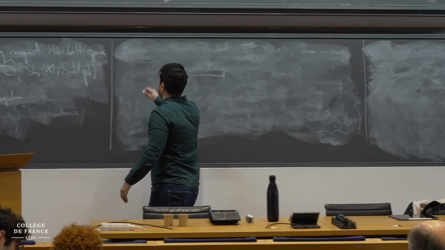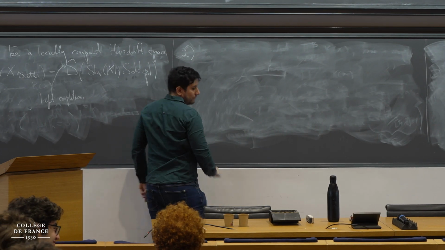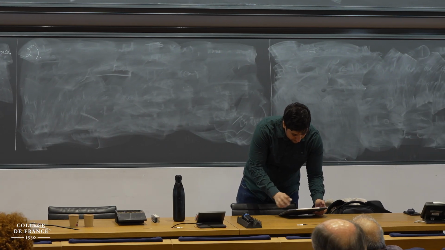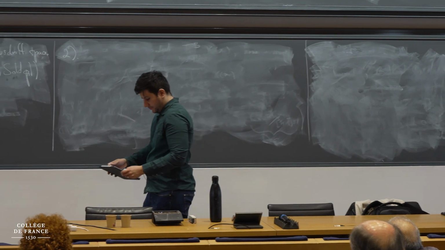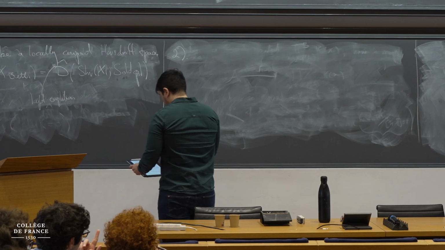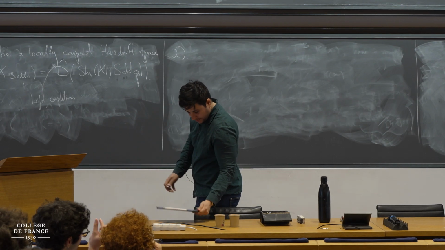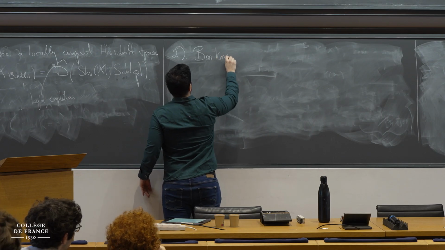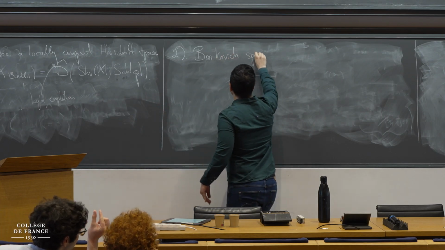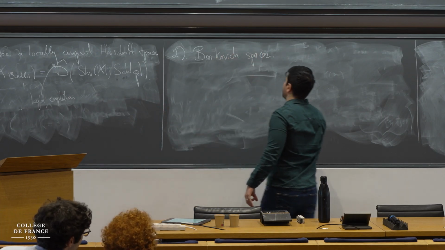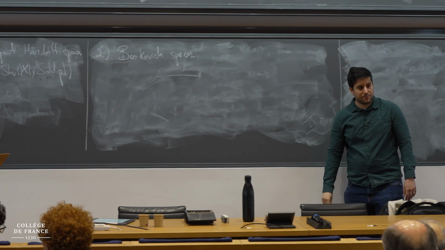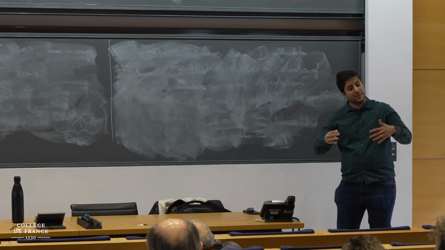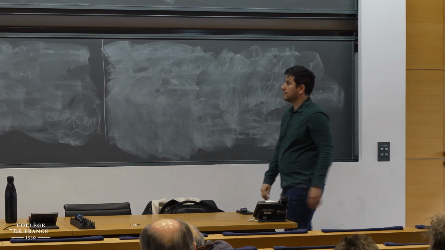So a second source of examples is what we call Berkovich spaces. So this is some kind of generalization of Rigid, maybe partially proper rigid spaces, of these overconvergent spaces of Jose clone.